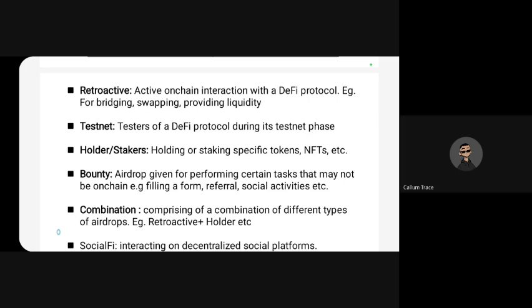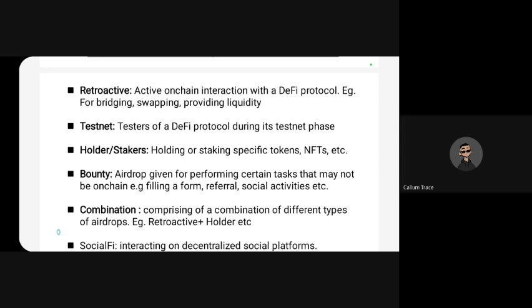So next we have a testnet. I'm sure we are quite familiar with testnet. A testnet involves testers of a DeFi protocol during the testnet phase. Before a project launches in the crypto world, most of the projects undergo what they call the testnet phase. That phase is where the project is almost live, but is currently in the test phase, meaning that you can see what they have built, but you cannot spend real money at the time.